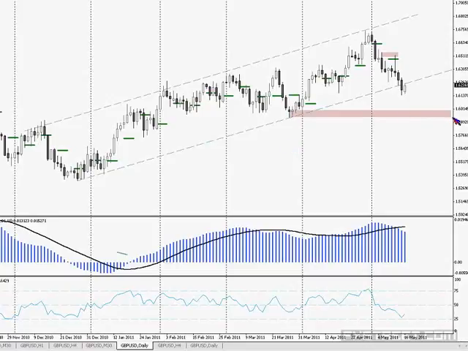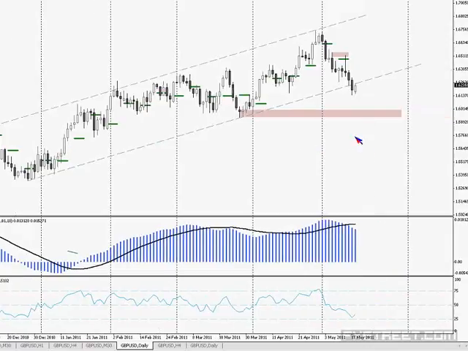For instance, we see a lot of cases where we have false breakouts out of channel formations, and this is often the case when we have inside the channel a strong support level where prices haven't still come back to it.